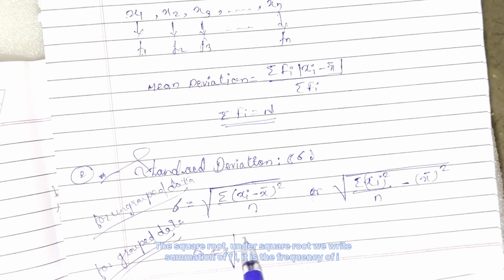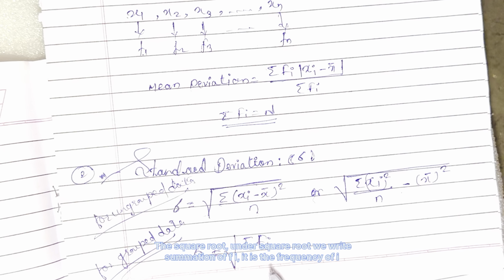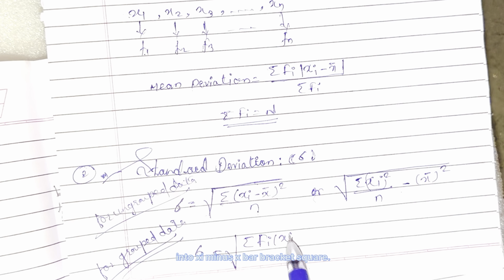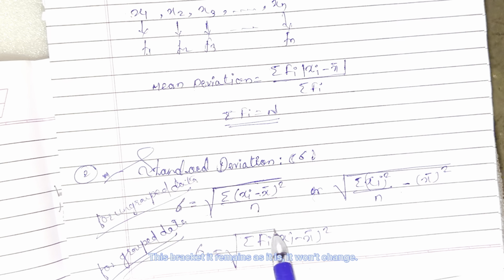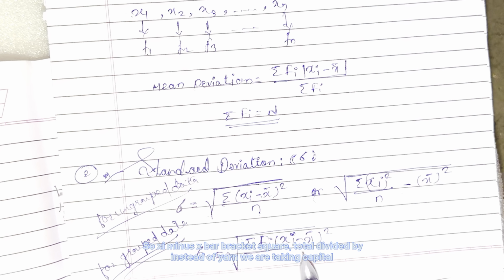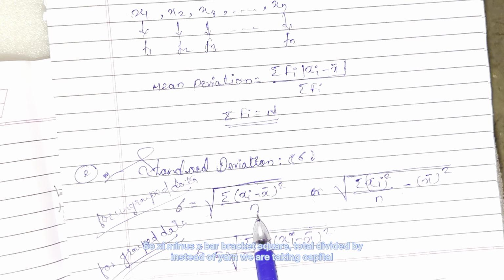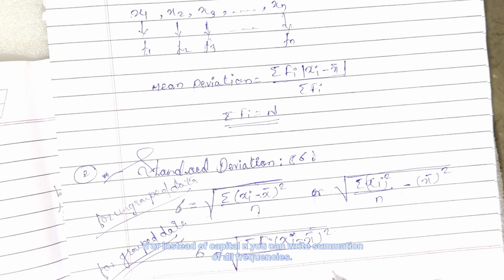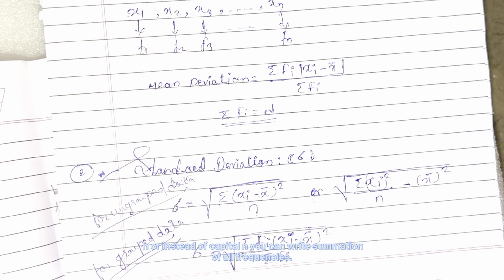We write the summation of fi, the frequency, into (xi minus x bar) squared. The bracket remains as it is; it won't change. The total is divided by capital N instead of n, or instead of capital N you can write the summation of all frequencies.